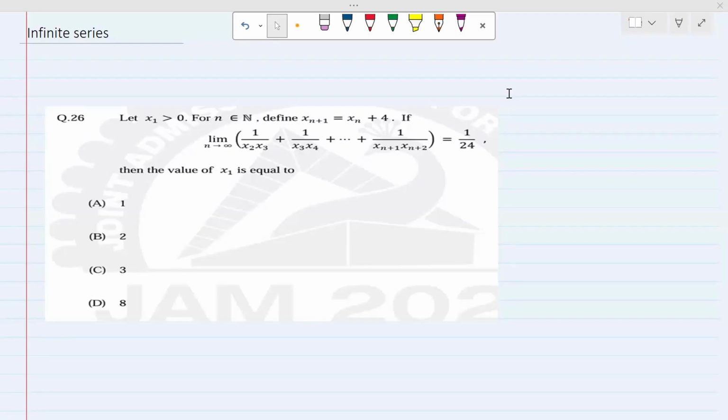Let x1 be greater than 0. For n belonging to N, define a sequence x_{n+1} equal to x_n plus 4. If the limit of this sum is 1 by 24, then the value of x1 is equal to what?